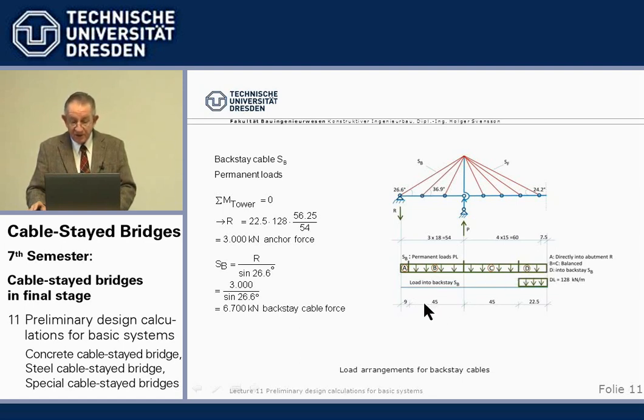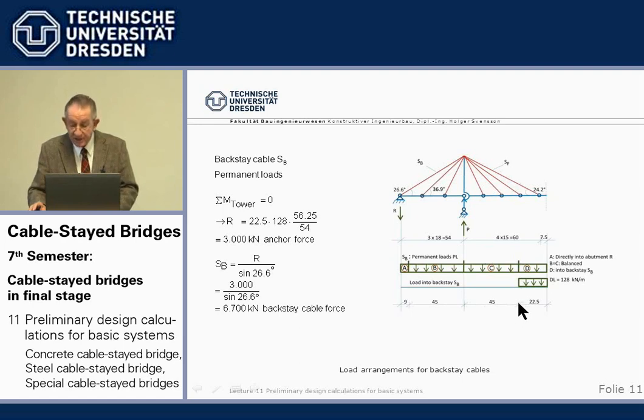So we have here 3 times 18 meters, 9 meters, 1/2 of that goes directly into the support of the hold down pier. Then remain 45 meters to the tower, balancing the other 45 meters on this side.